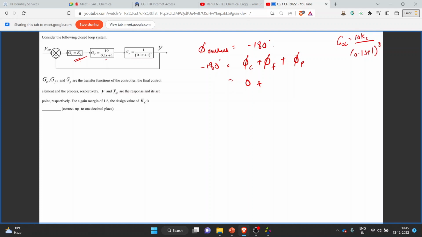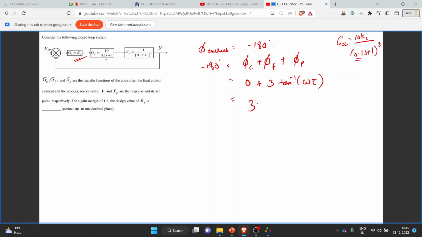So for this Kc we wrote 0, and for 1 upon (0.1 s plus 1) whole cube, it will be 3 times the phase lag of the first order system with time constant of 0.1. So that will be 3 times tan inverse omega tau, where tau is 0.1.